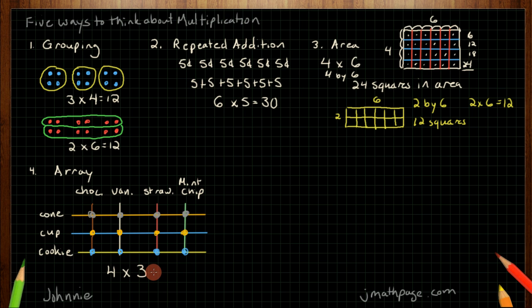And this should tell me all the different combinations there are. And how many were there altogether? Oh, we had 4, 4 more, and 4 more. And I count 12 altogether. So there are 12 choices. And that is how an array works.